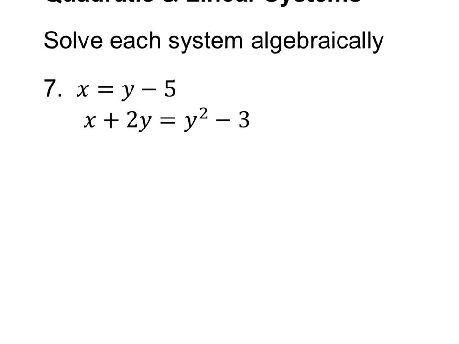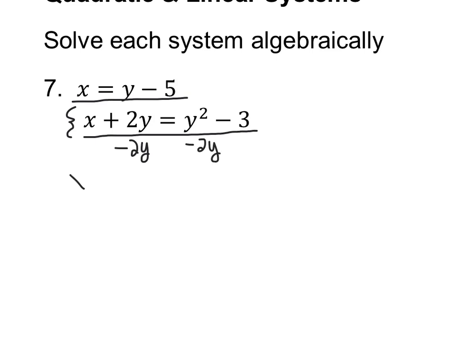So the first thing I'm going to do is rewrite this equation right here so that it is x equals. Since this one is x equals y minus 5, I also want to make this one an x equals something. So I'm going to subtract 2y from both sides of the equal sign, and I'm going to rewrite this second equation as x equals y squared minus 2y minus 3.